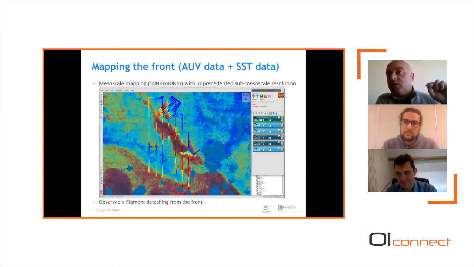But we also use that to get a good sense of where the front is, so that we can sample with the AUVs. So we have AUVs performing front tracking algorithms to characterize the plume of the Douro River. And we've got some interesting and at the same time surprising results.